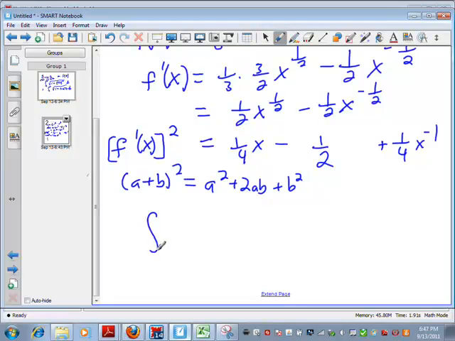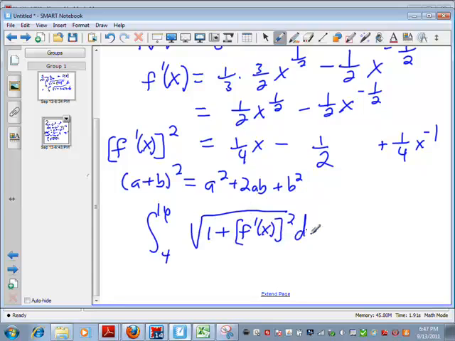It's the integral from 4 to 16 of the square root of 1 plus f prime of x squared. If I want to be obscenely deliberate, I'll do 1 plus f prime of x squared.